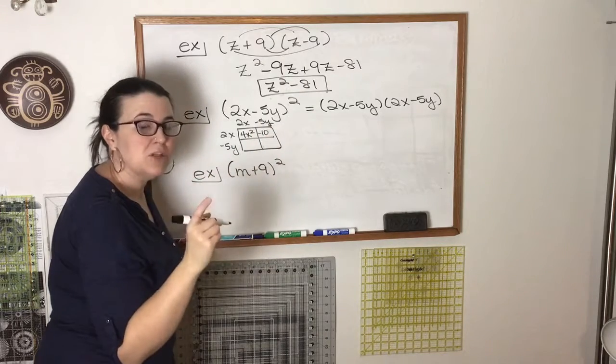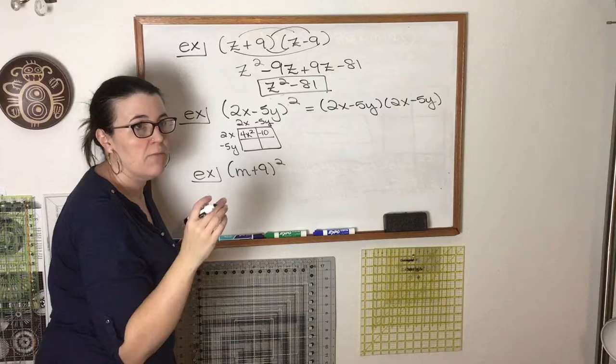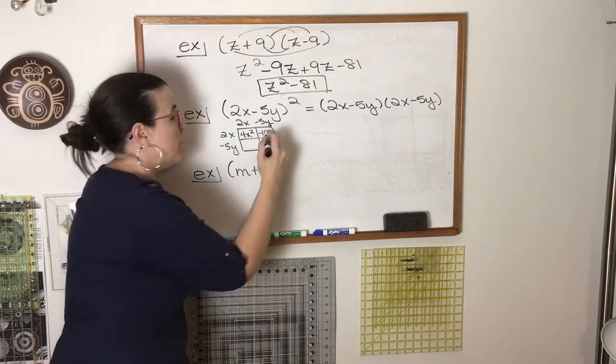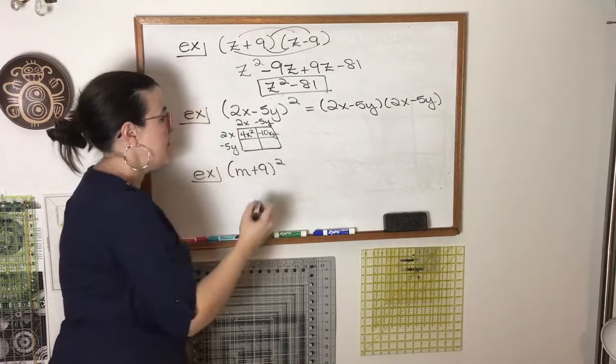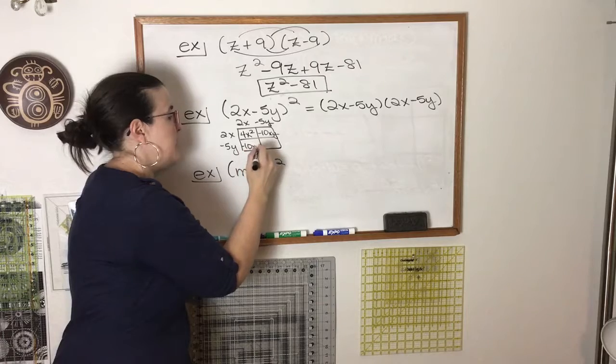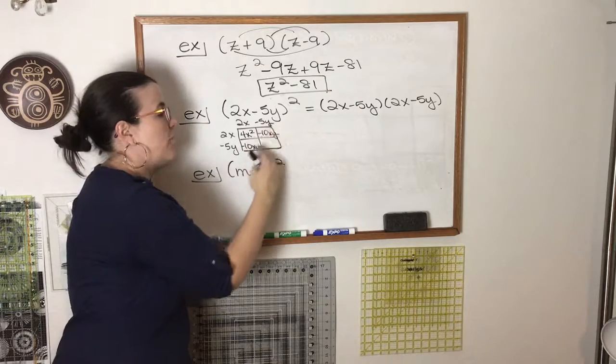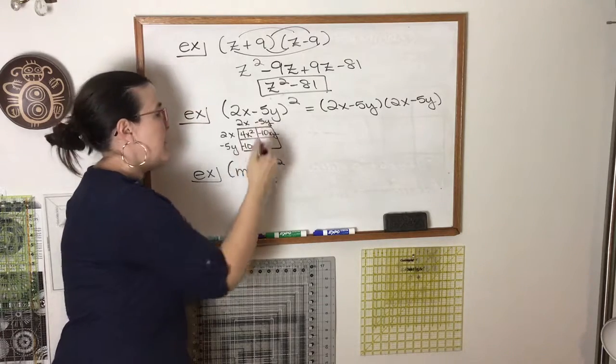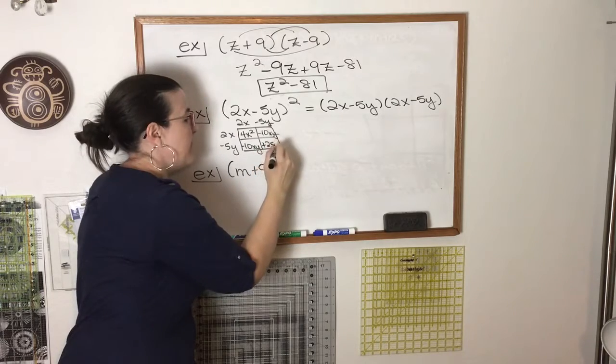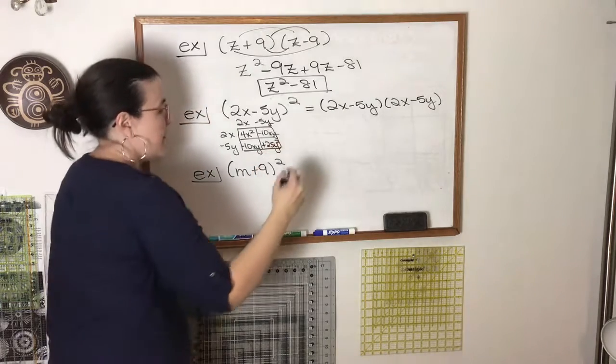When you write this, you generally want to keep the variables in alphabetical order. So that'll be xy, and then another negative 10xy. This is why you end up with a double term in the middle. Negative 5 times negative 5 is positive 25y squared. Sorry that that got so small.